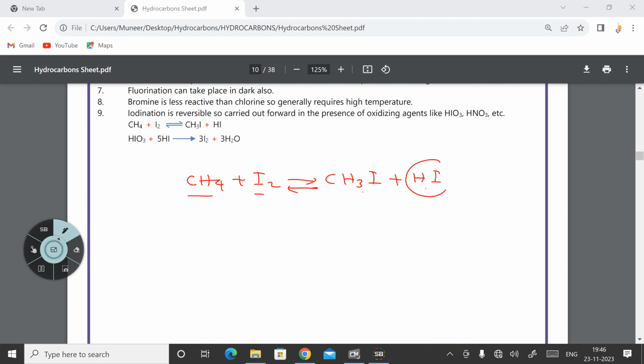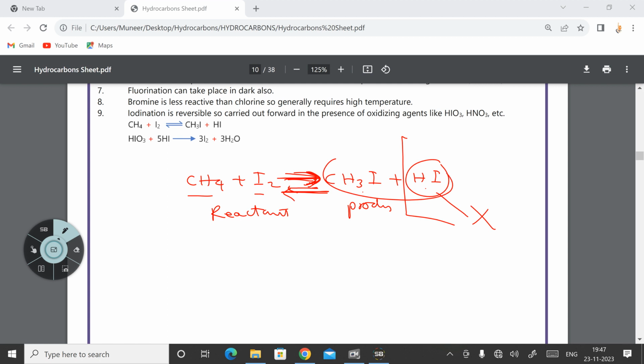So if this HI is removed from the vessel, only the forward reaction takes place, according to Le Chatelier's principle. Do you know Le Chatelier's principle? If reactants are added, the forward reaction takes place. If products are added, the backward reaction takes place.